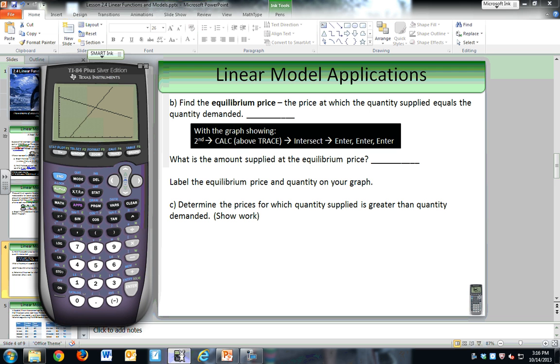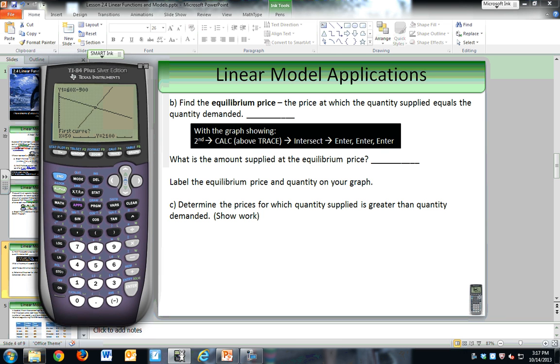The demand is going down because as the phones get more expensive, fewer people are going to want to buy them. So we want to figure out where is the perfect balance. If you go to second calc, looking at those black directions in the black box, now we're trying to find where they're equal. So we're trying to find that intersection point. That is option 5.